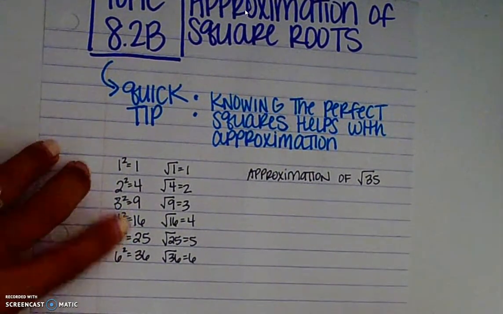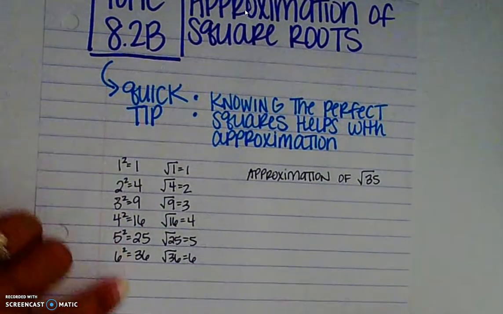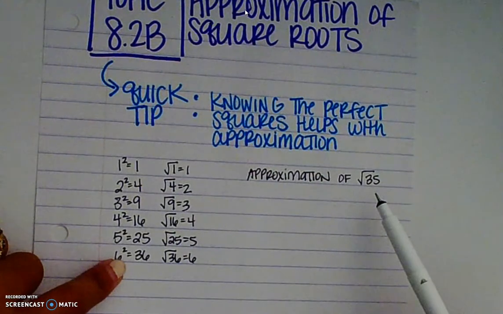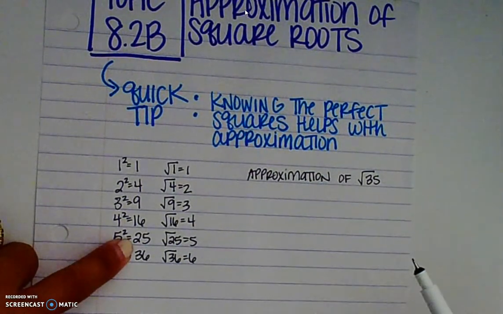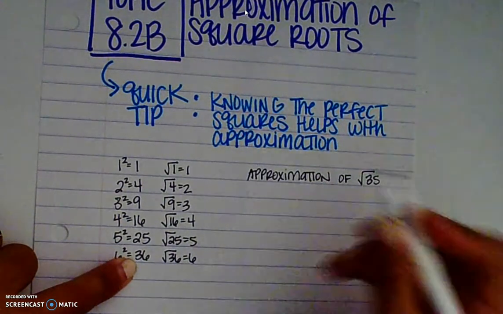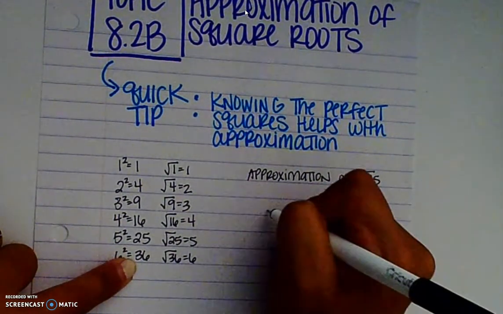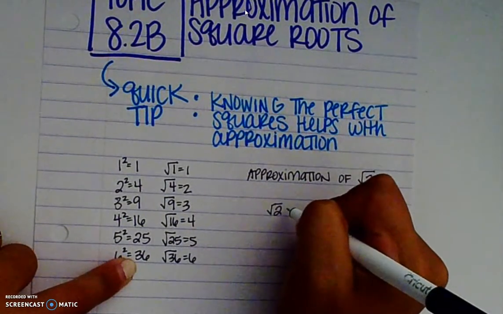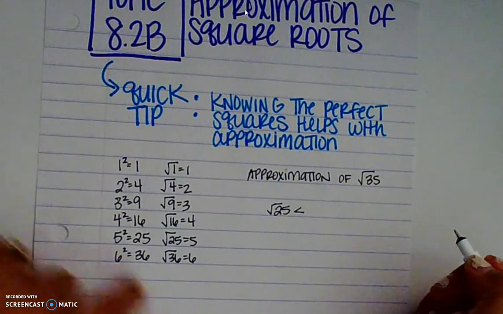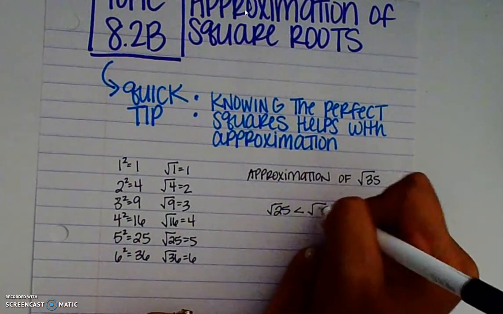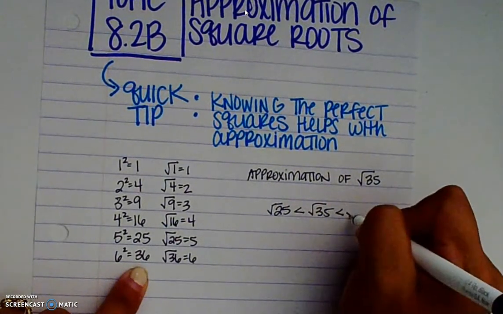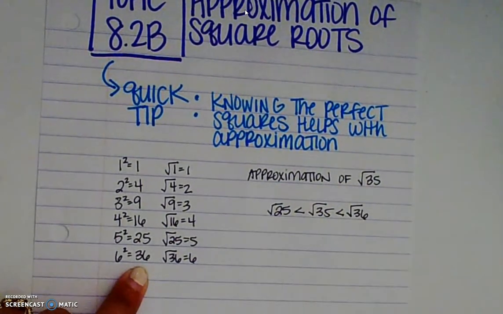So here, the square root of 35. I'm going to look here and see where 35 might fall. Now again, I could continue, but I just stopped here. So 35 falls between 25 and 36. So I can say that it is greater than the square root of 25, but less than the square root of 36.